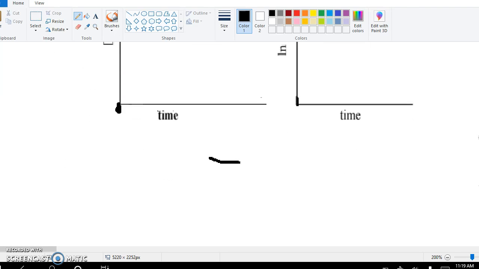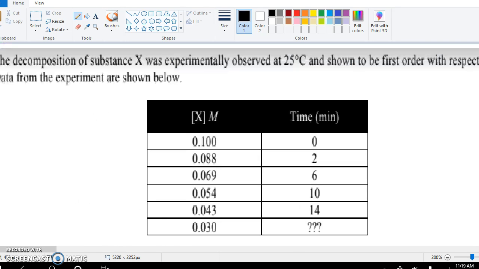Let's count by 2s: 0 seconds, 2 seconds, 4, 6, 8, 10, 12, 14, 16, 18. I know I said 16, but let's top it off with 20.